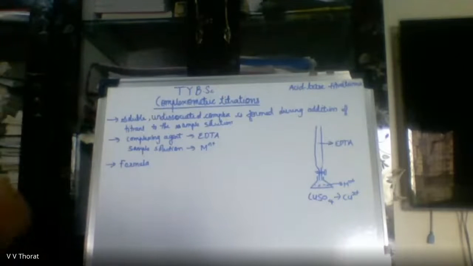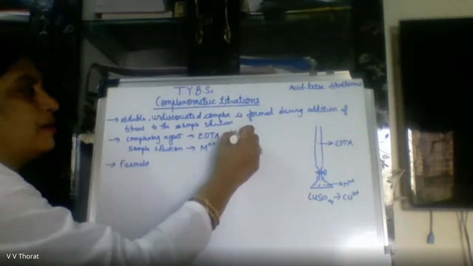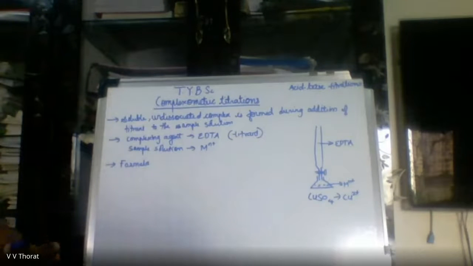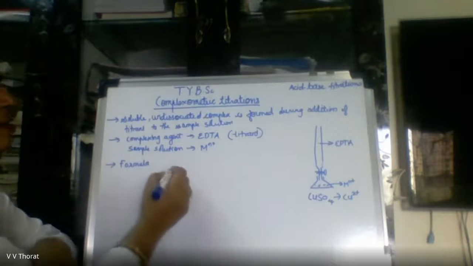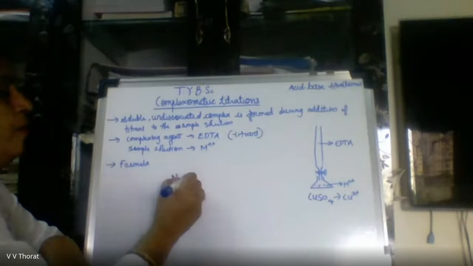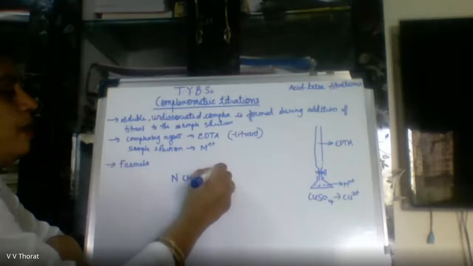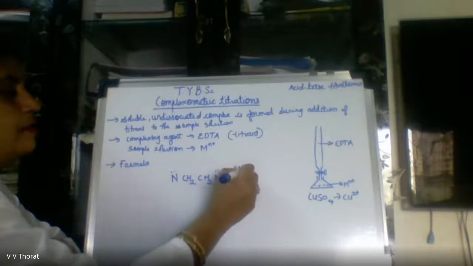EDTA is mostly used as a titrant and it is a complexing agent. Right? Complexing agent. The full form of EDTA is ethylene diamine tetraacetic acid.